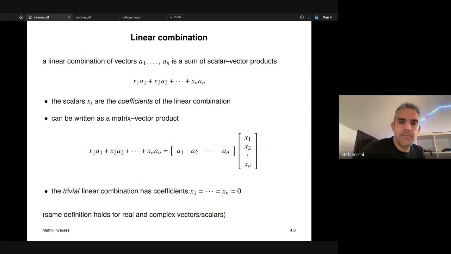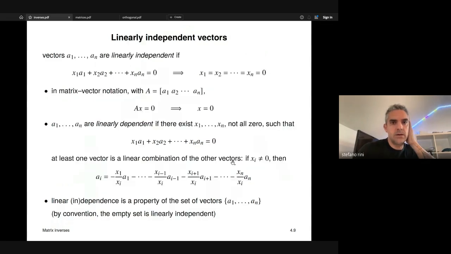Good, back to linear independence. We saw linear independence as a linear combination of vectors. Of course, we are happier to see linear independence as a linear combination being equal to 0. A set of vectors is called linearly independent if the only linear combination that yields a 0 is the linear combination with all coefficients zero.